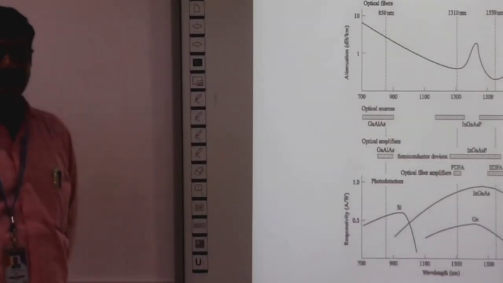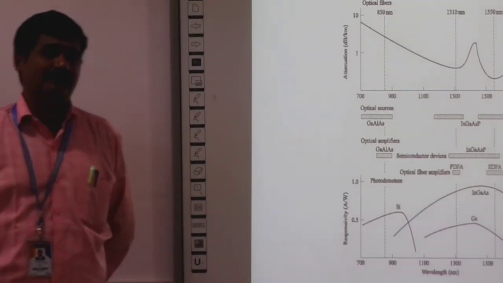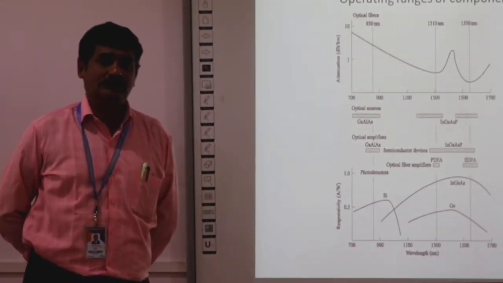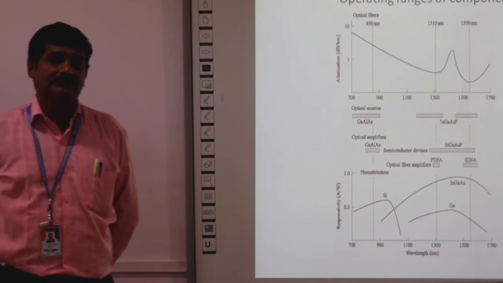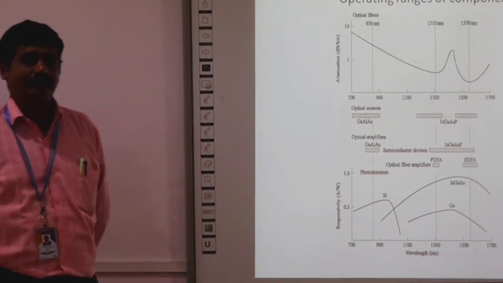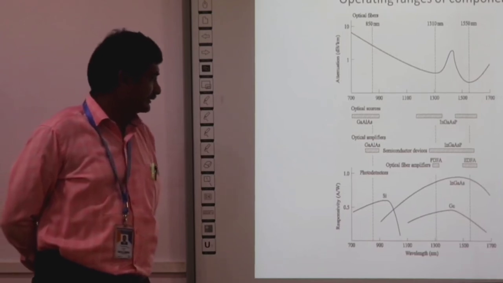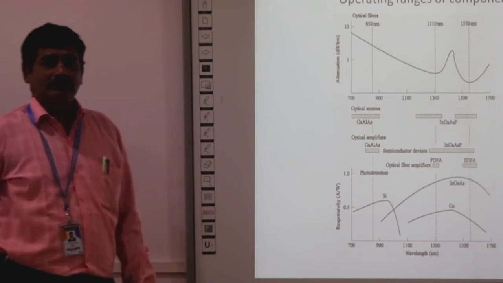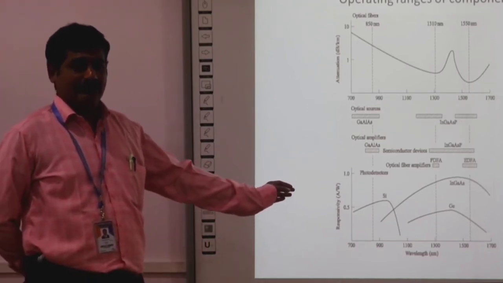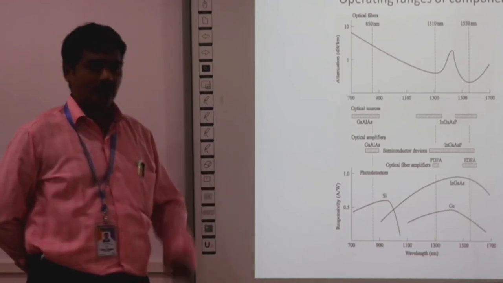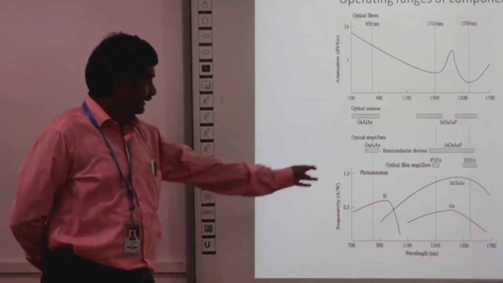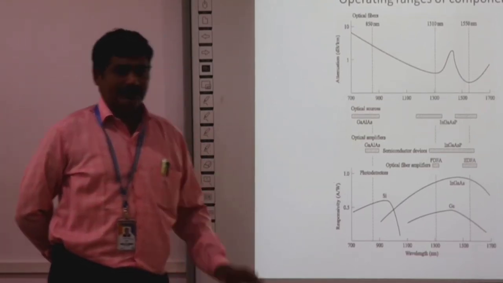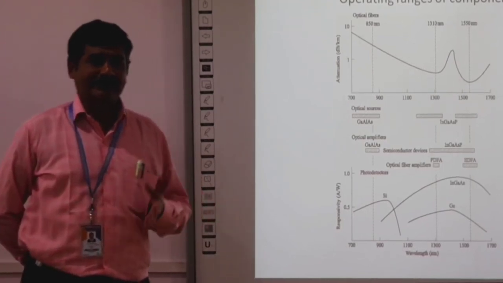It is directly proportional to the speed of the photodetector, and the response time should be in the order of nanoseconds for a good photodetector. While designing photodetectors with silicon and germanium, the responsivity is around 0.5 only. When we design the photodetectors with indium gallium arsenide, the responsivity increases to around 1, that is 100%. That is, responsivity is very high.